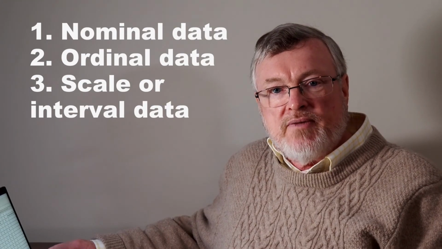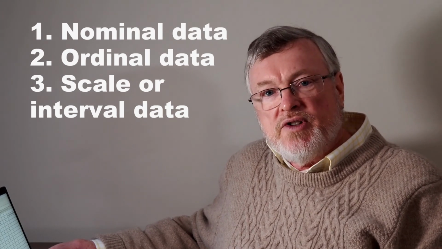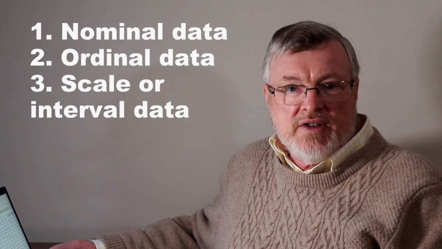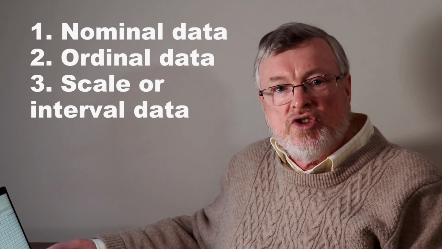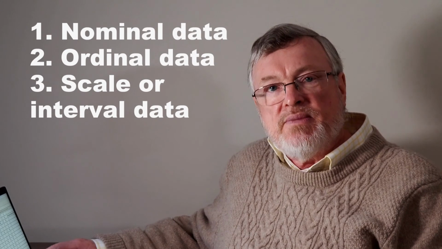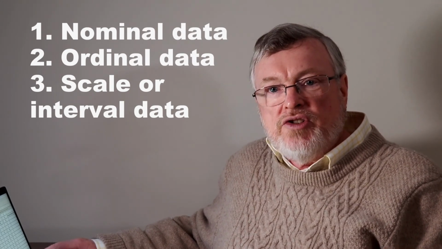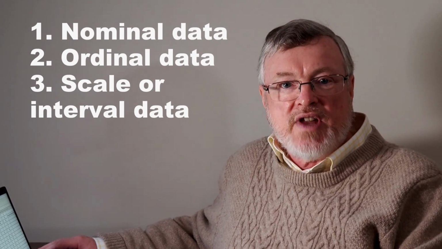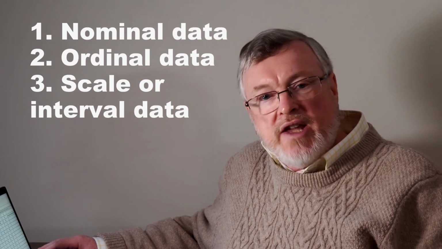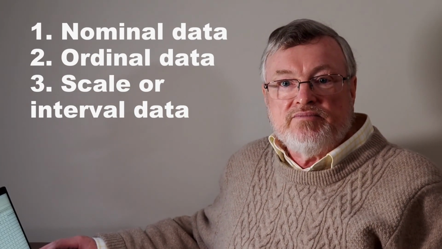The final type of data is a scale variable, sometimes also referred to as interval data. And the numbers refer to something you've measured where the gap is meaningful. Thus, with age, you know the gap between 24 and 36, for example, and you know that it's the same gap as between 48 and 60.